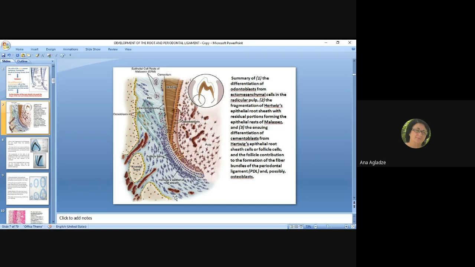But it is not clear whether the three main types, these cementoblasts, fibroblasts, and osteoblasts, arise from a common progenitor cell or stem cell, or whether each type has its own specific stem cell. The main connective tissue forming cells are osteoblasts, cementoblasts, and fibroblasts.